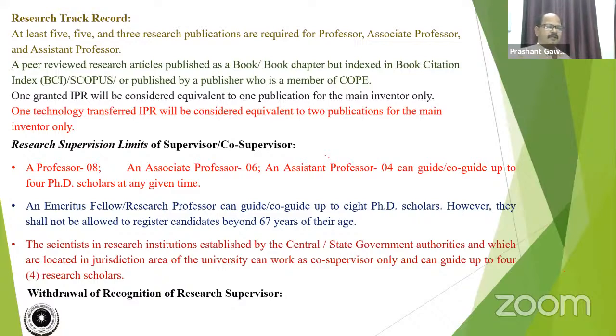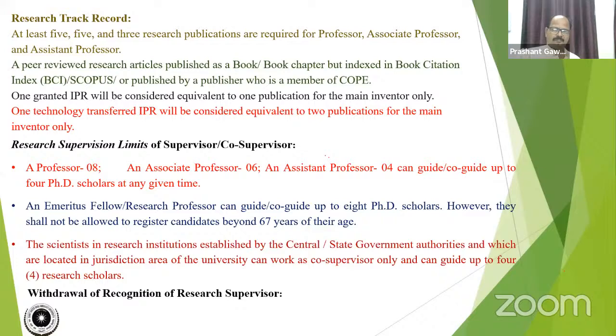But this criterion is not at all incorporated under the 2022 regulation. However, some universities utilize it in place of research publications. The limit for research supervisors was decided earlier in all notifications: professor with 8, associate professor with 6, assistant professor with 4.